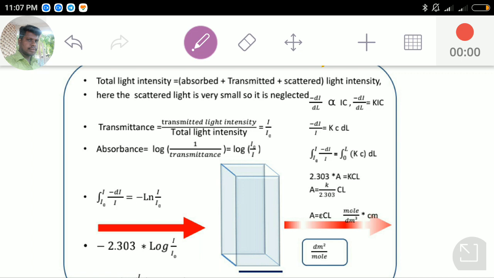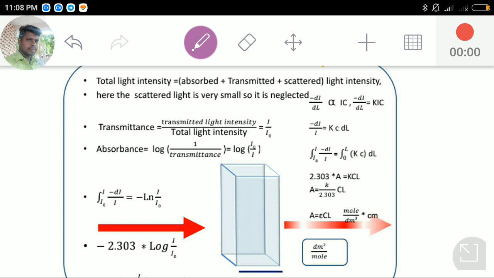C is the concentration, k is the proportionality constant. If we extend this equation over the entire length, we integrate from initial I0 to final I, and from 0 to L in length.